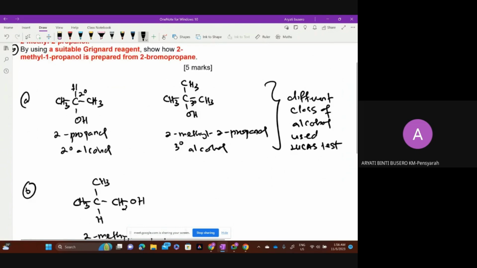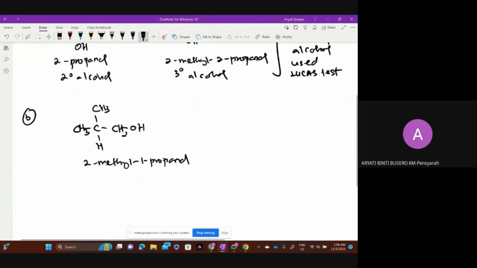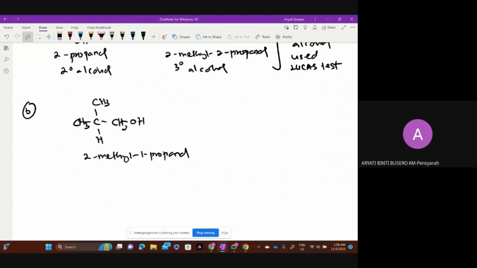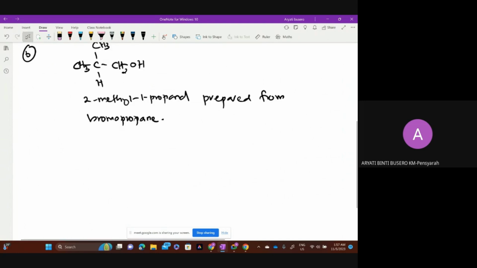Okay, it is prepared from the bromopropane. So if I draw bromopropane, 1, 2, 3, bromine at carbon number 1.